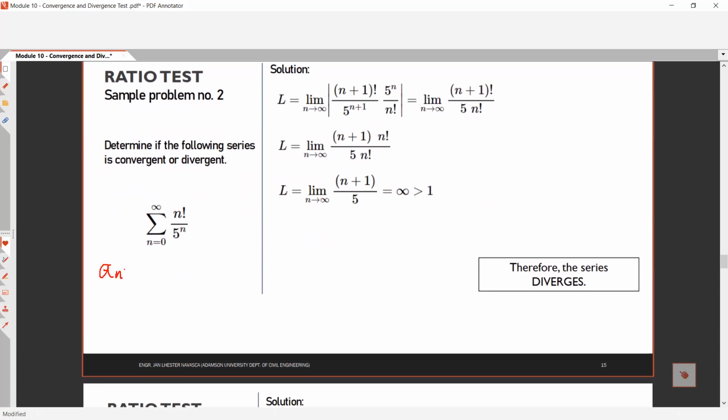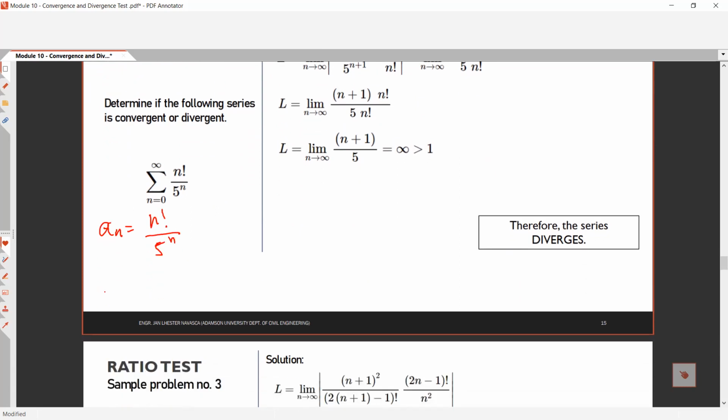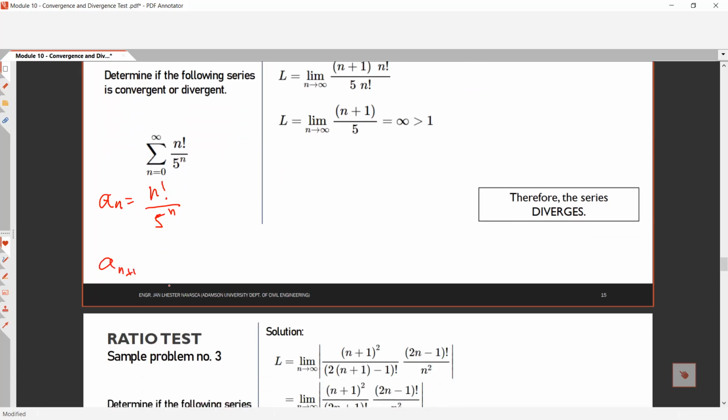So a sub n, we know that is n factorial over 5 raised to n. So taking a sub n plus 1, you just substitute the value of n as n plus 1. So therefore that will be n plus 1 factorial over 5 raised to n plus 1. Okay?